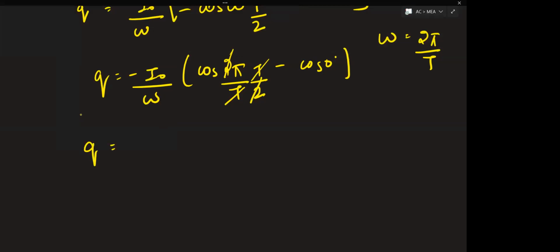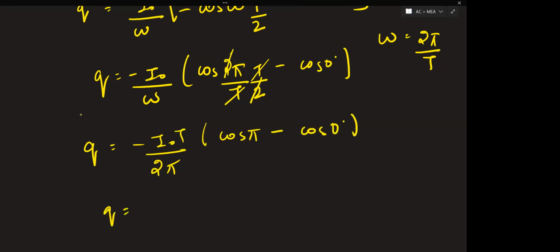Q becomes equal to what? See, minus I naught is there. Omega, let's write it as 2 pi by T. 2 pi by T, cos pi minus cos 0 degree. This is the change that will come. So Q will be equal to minus I naught T by 2 pi. Cos pi is minus 1, minus 1, and this is minus 1.